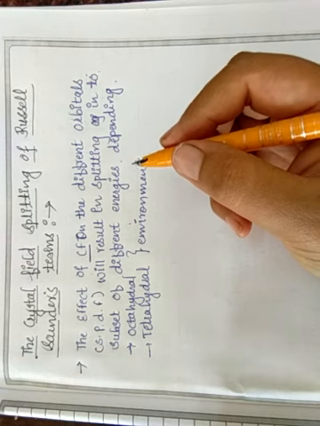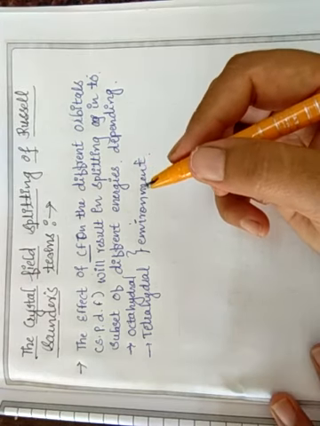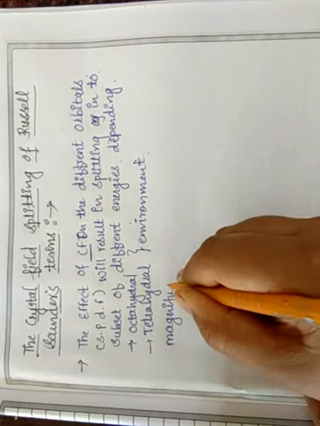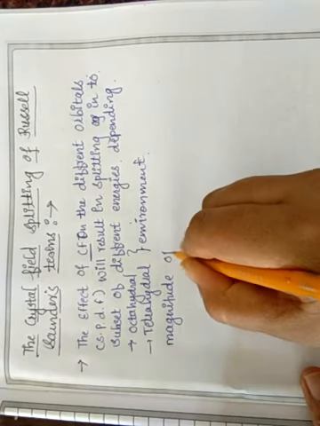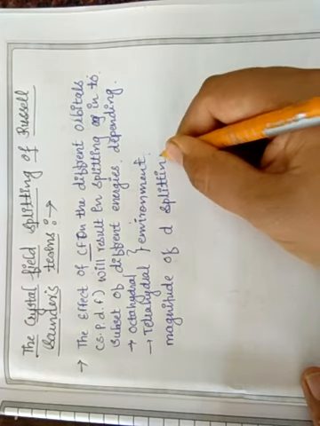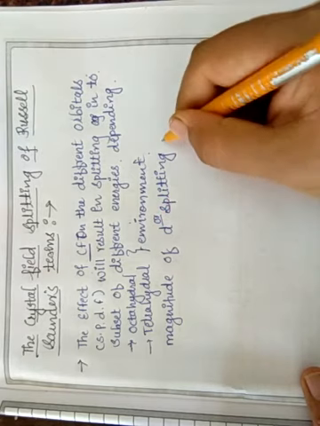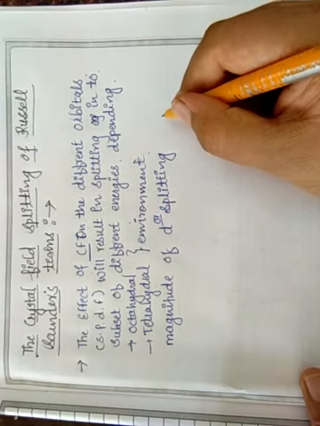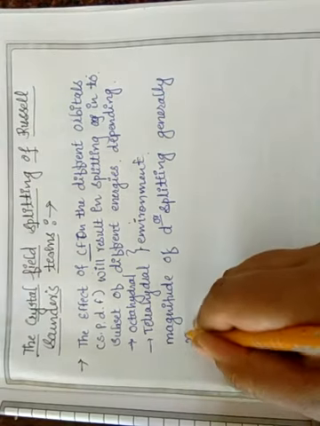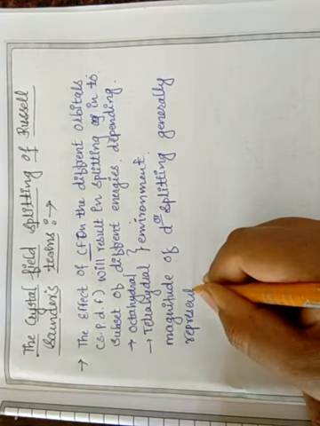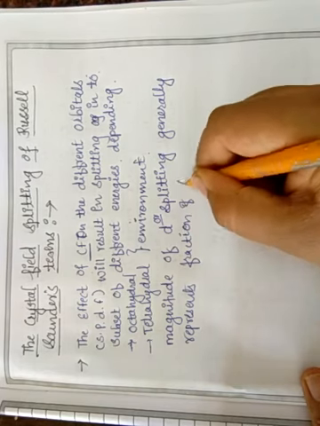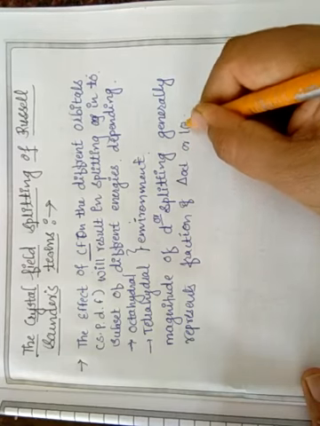And the magnitude of d orbital splitting generally represents a fraction of the octahedral splitting of 10 Dq.